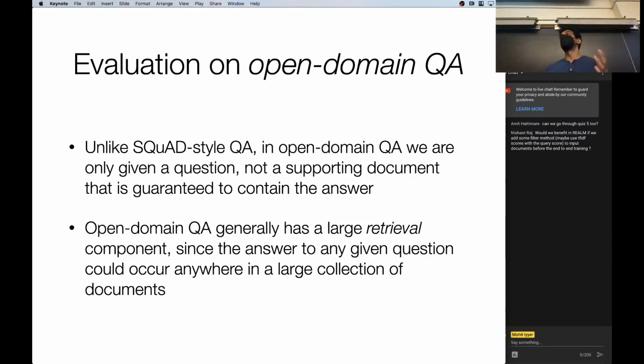So this is much harder than the Squad problem, because you can essentially boil it down to first retrieving a relevant document and then performing a Squad style task of extracting the answer span from that document. It's a two-stage process. First you retrieve, then you extract. So you can see how this setup is conducive to this Realm style approach, because Realm also first retrieves and then predicts.